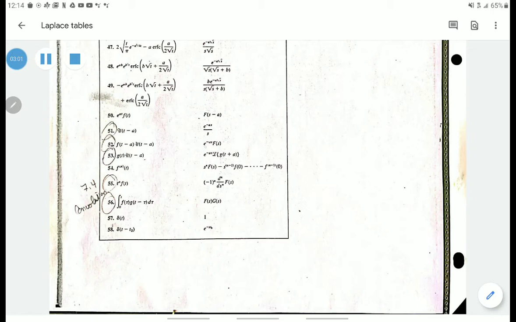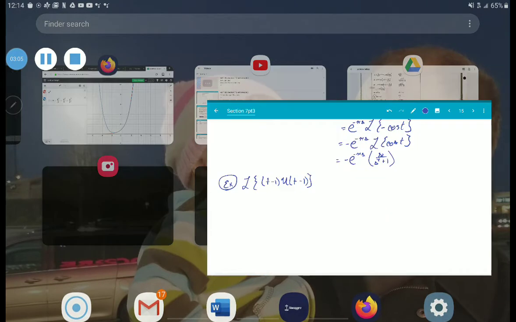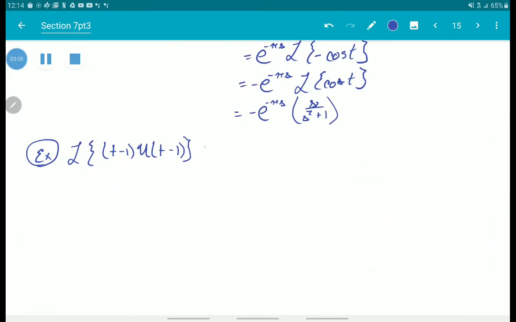So then it's going to be e to the negative as times our capital F of s. So in this case, our a is 1. But we need to find the Laplace of the function here, and here. Notice they're the same, so we're treating that kind of like a t instead of a t minus 1 there. So then when we find that Laplace, it's going to be 1 over s squared. So there's our final answer for that.